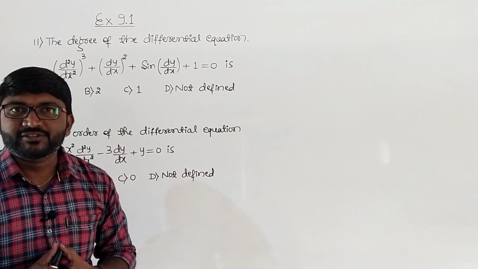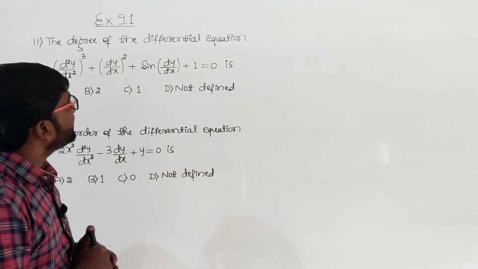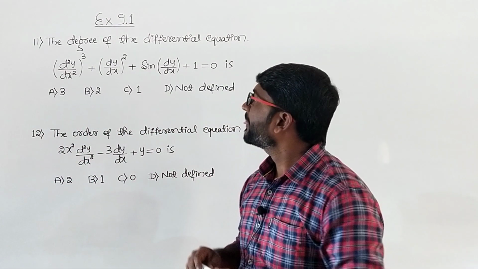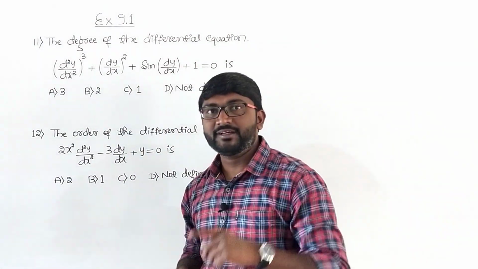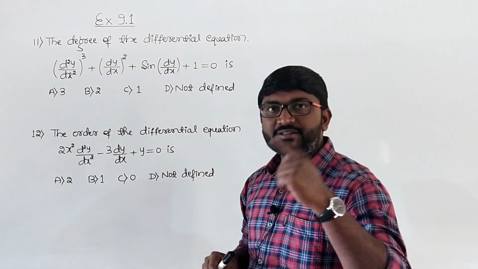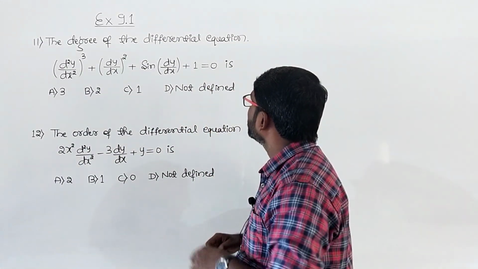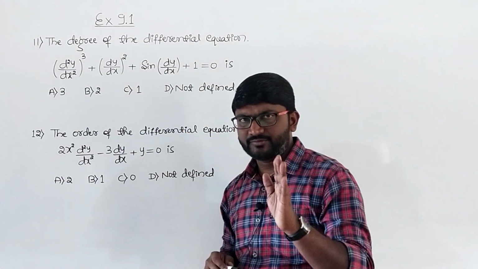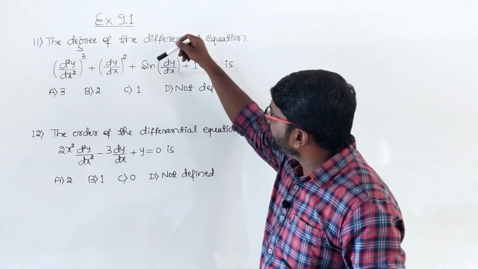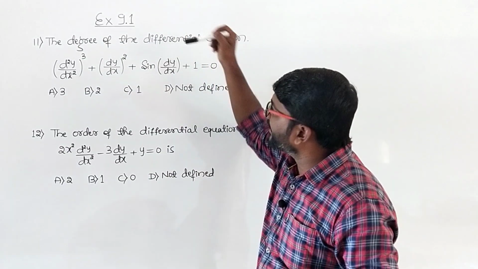Well, the 11th question is about the degree of the differential equation. So they have given the differential equation and we have to find the degree. d square y by dx square the whole cube plus dy by dx the whole square plus sine of dy by dx plus 1 equals 0. So here we have the term sine of dy by dx.